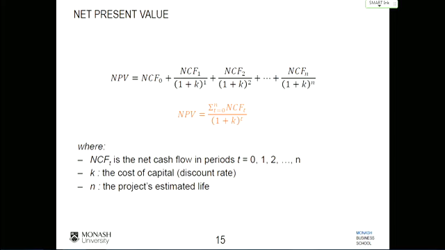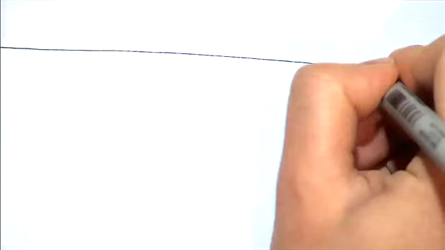Agree? So the present value of all of the cash flows would be, if you draw the timeline, just think about the timeline again. Let's say that your project has N number of years.